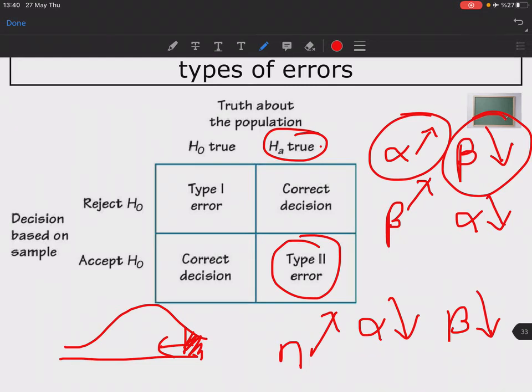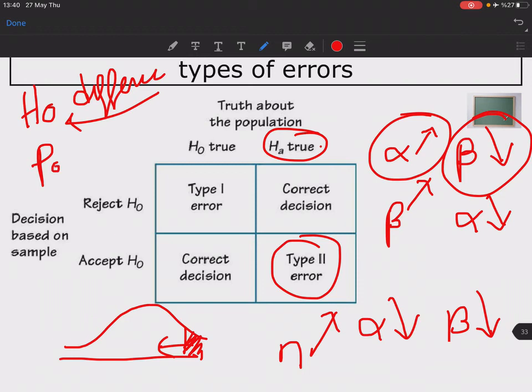So usually, type 2, which is called the beta error, lies on the difference from your H0 value. So suppose that you're guessing the sex of newborns, for example.